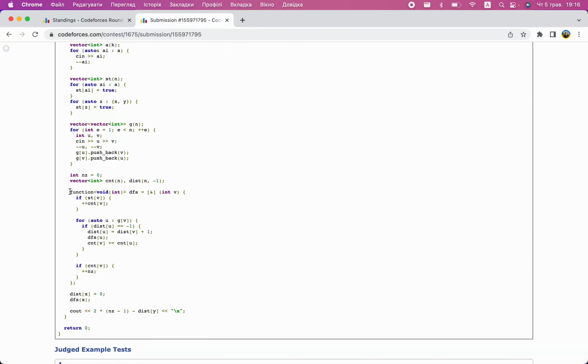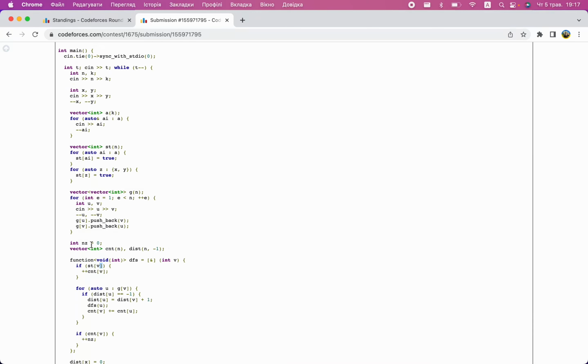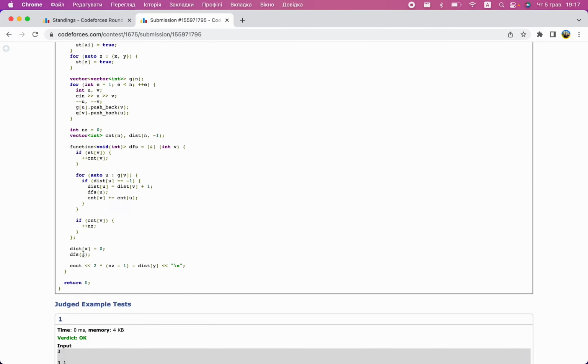So how to compute this convex hull on a tree? Well, once we know which vertices we want to visit, we can run DFS, and for each vertex count how many vertices in its subtree we want to visit. If there is at least one, then we should visit this vertex as well. And this, by the way, works because we rooted our tree at X, one of the vertices that we want to visit.